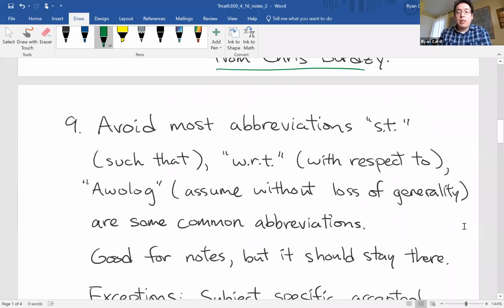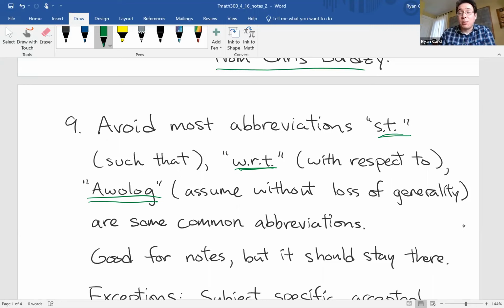Okay, when you're writing proofs, you should avoid abbreviations as much as possible. There are a lot of common abbreviations like s.t. for such that, or w.r.t. for with respect to, or what we learned last time, WLOG, assume without loss of generality, right?